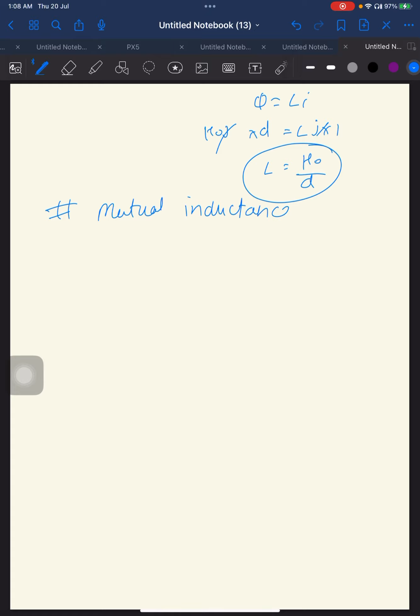As I have told you in class, whenever there are two coils and because of one coil there's a flux change in the second coil, some induced EMF will be there in the second coil. Like your friend is influencing you. Just a simple example: one influence comes from yourself, that is self inductance, and one influence comes from your friend, that is mutual inductance.